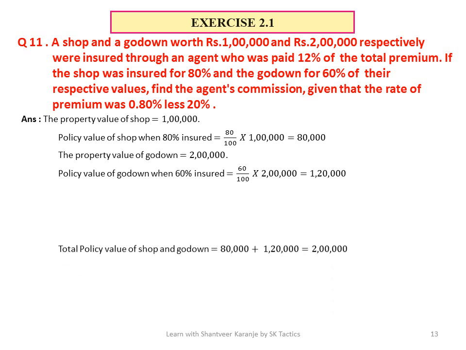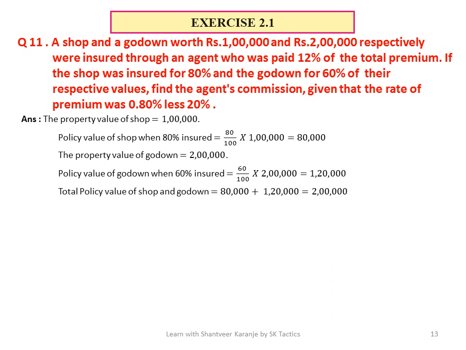So here the owner of the shop and godown is going to take the policy combined for shop and godown as 80,000 plus 1,20,000, that is 2 lakh.